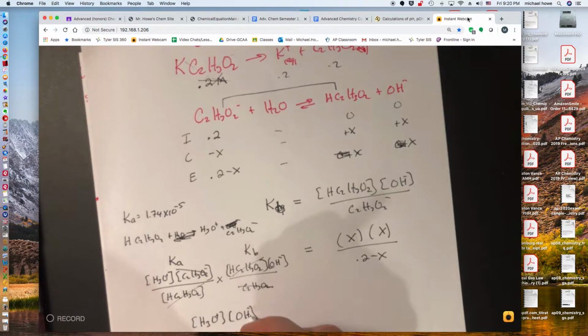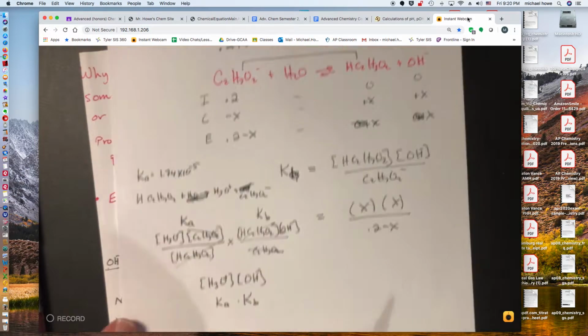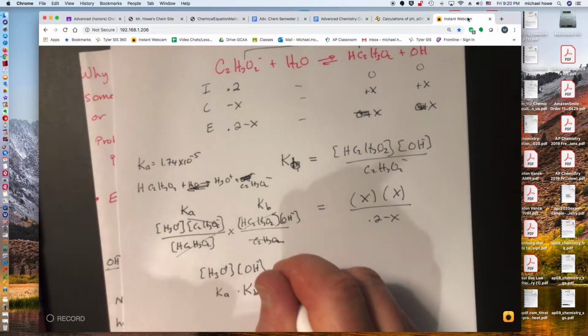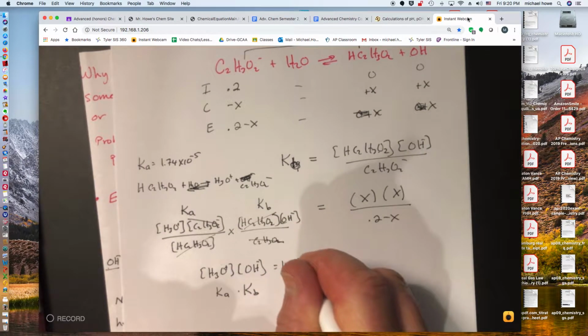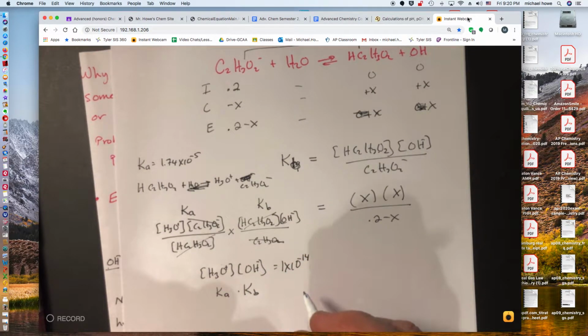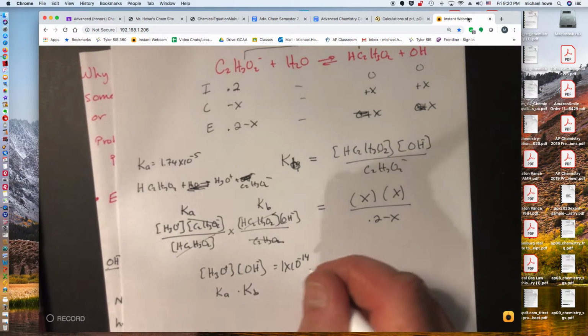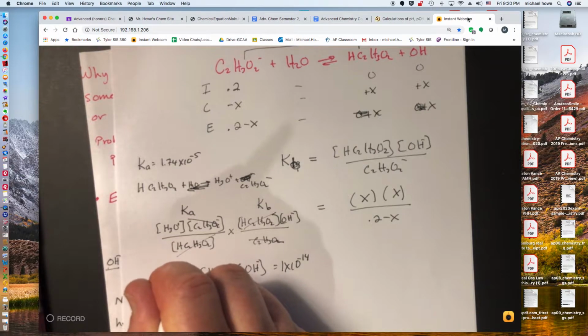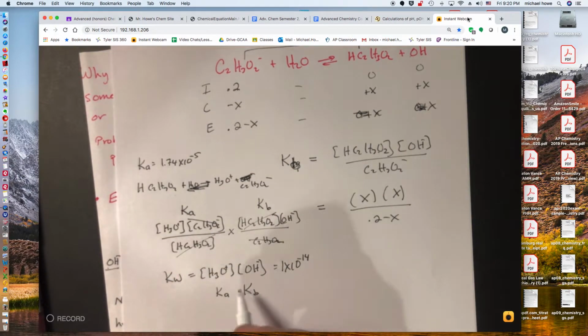Well, the product of the hydronium and the hydroxide, you remember from our little pH grid, is 1 times 10 to the negative 14th, the ion constant of water, or sometimes that's called Kw. So Kw is equal to hydronium times hydroxide, or Ka times Kb equals Kw.